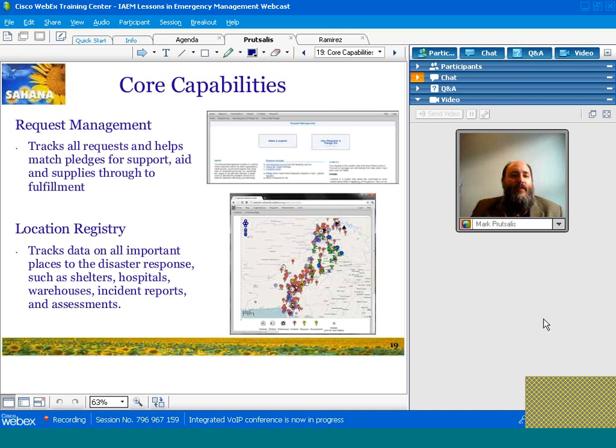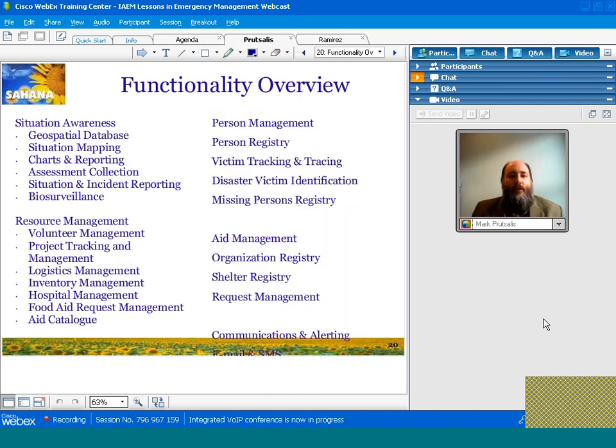today. So today there are actually dozens of modules within Sahana software that's designed to serve a number of needs, as I said, from biosurveillance to logistics management, missing persons tracking, and organization tracking. And so there's a lot of different capabilities that are in there.